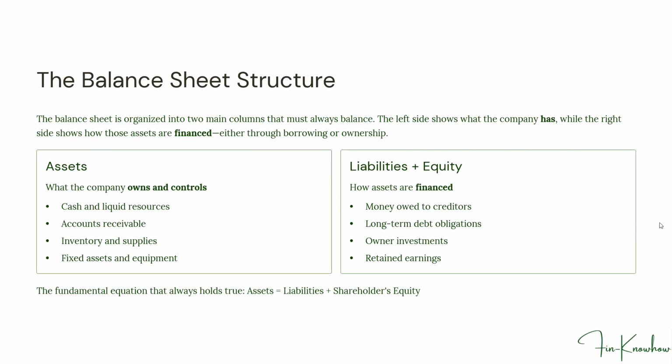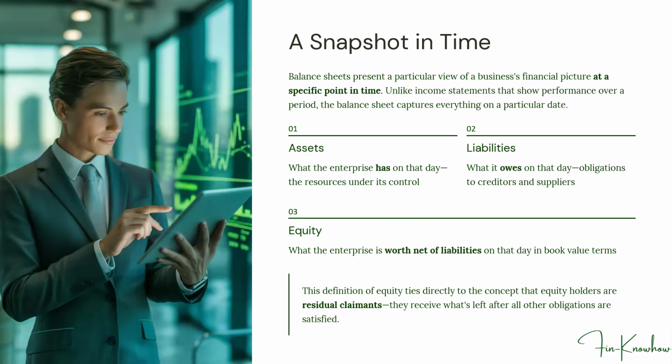Okay, so we're going to start looking at the balance sheet in a little more detail. One specific aspect of a balance sheet that you always have to remember is that unlike an income statement, where you're trying to measure sales, profitability, and activity of a business over time, the balance sheet provides a snapshot at a specific point in time.